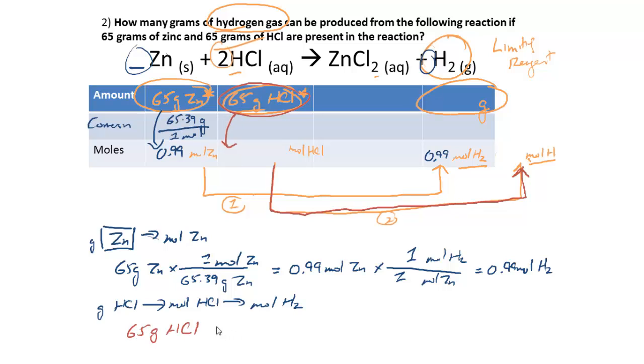Well, I know I've got 65 grams of HCl. I know I want to cancel the grams of HCl to go to the moles of HCl. So let's see. I've got H, which is about 1.01, and Cl, which is 35.45. So just a quick calculation gives me 36.46 grams per 1 mole of HCl.